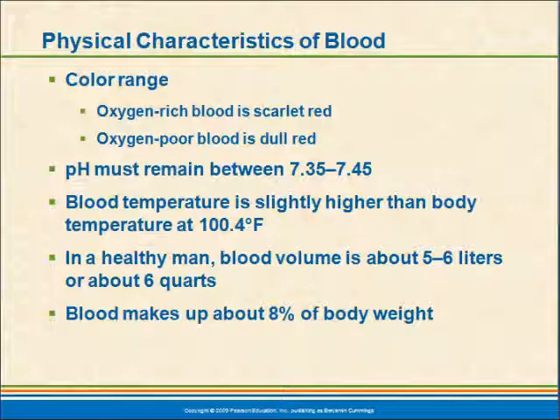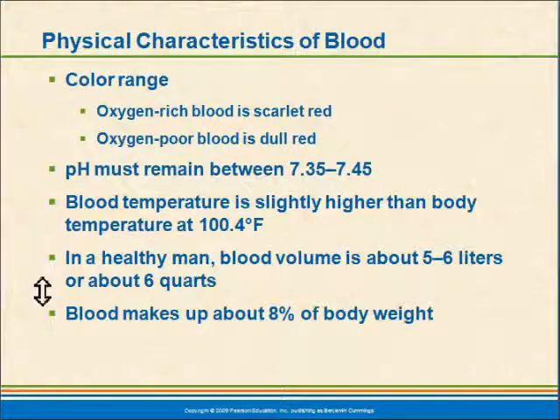Blood can be a very brilliant red if it is bound to carbon monoxide, so, kind of a third color option there. The pH in blood is between 7.35 and 7.45, and we've mentioned that before as for the pH in the human body. Blood temperature is actually higher than body temperature, and as a result, we can dilate blood vessels and allow the blood to flow to the surface and get rid of excess body heat.